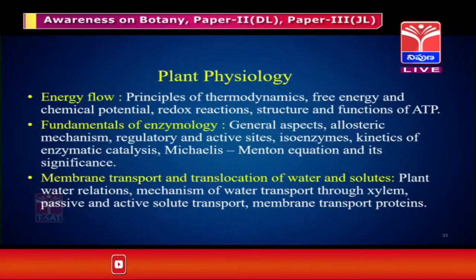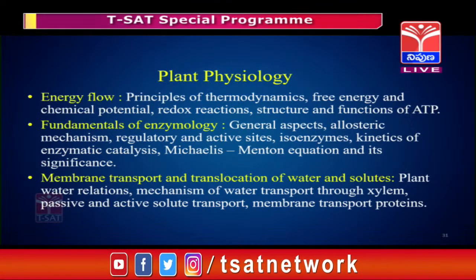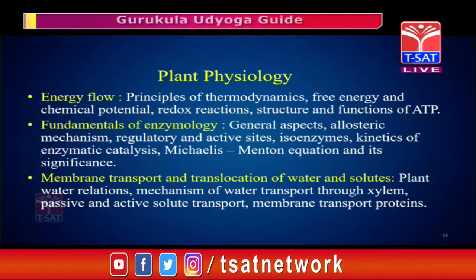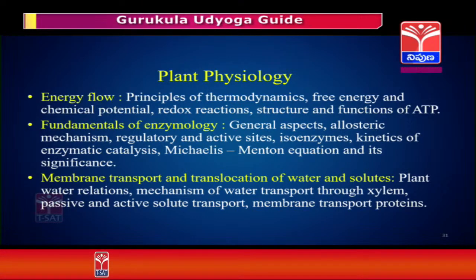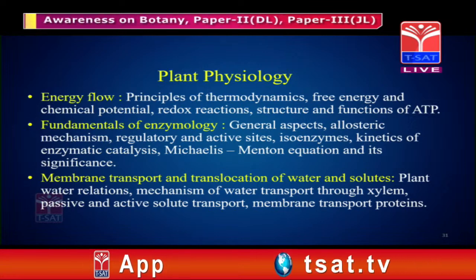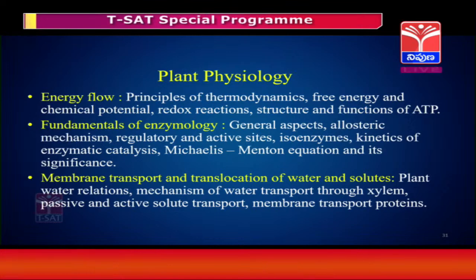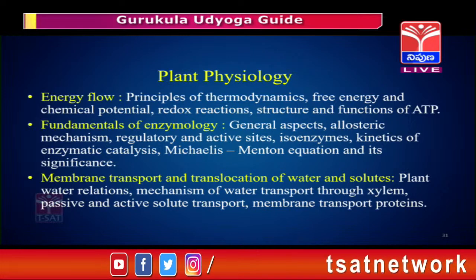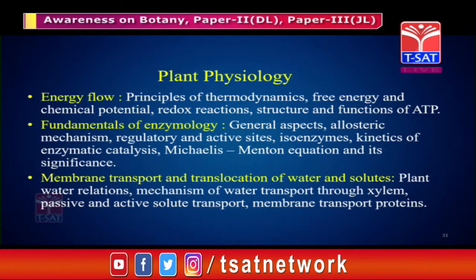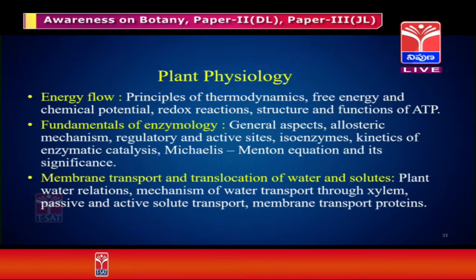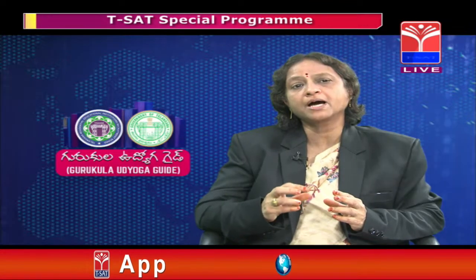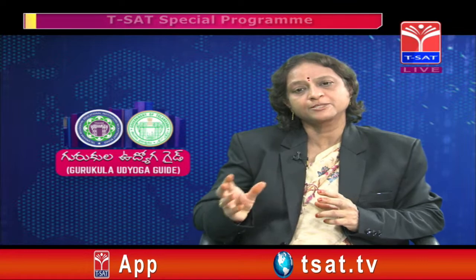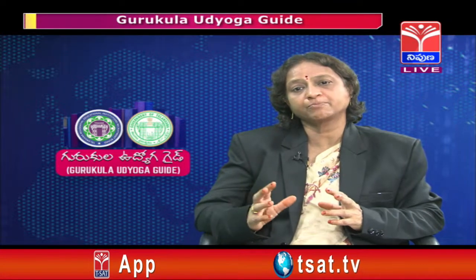The 9th chapter is plant physiology. Here also we have some additional syllabus for DL aspirants, like energy flow, principles of thermodynamics, free energy and chemical potential, redox reactions, structure and functions of ATP. This is an added point for DL aspirants. So you have to be prepared for questions like what is the pathway of electron transport according to the redox potential.